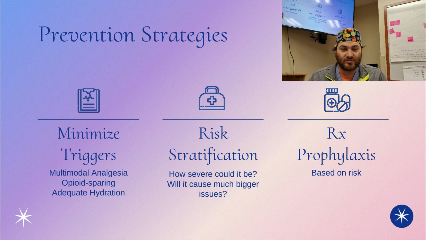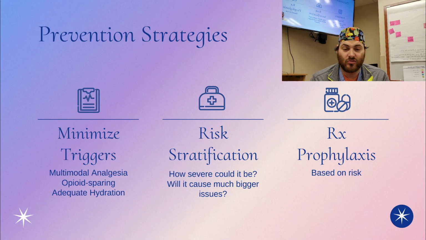Risk stratification is also another big deal. I need to actually seek out the different problems that somebody can be coming to the table with. What are their risks? How severe also could this be? Like I said, when you're wiring somebody's jaw shut, how critical is it that we keep someone from vomiting?